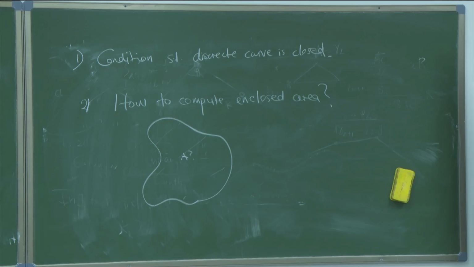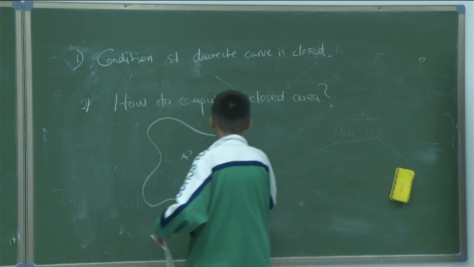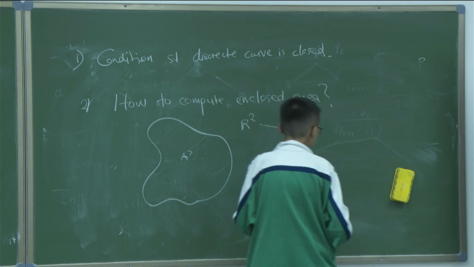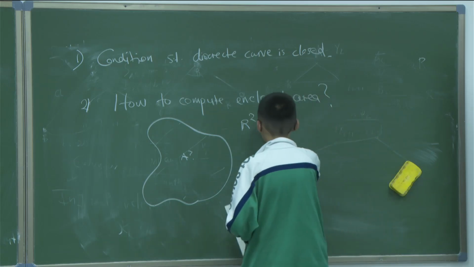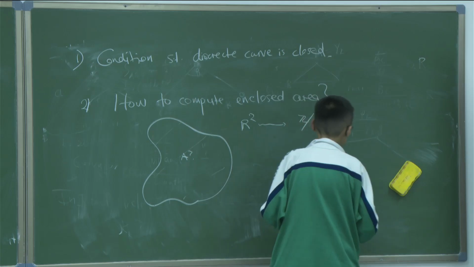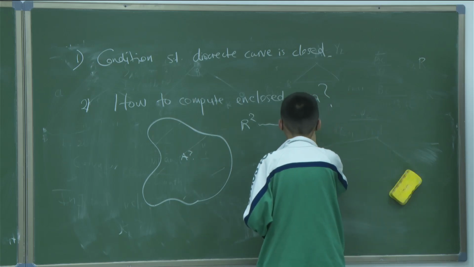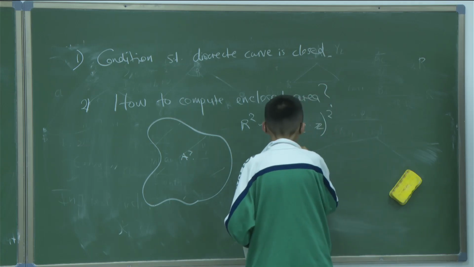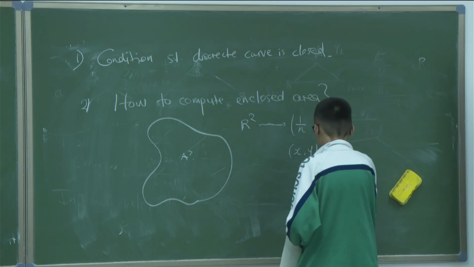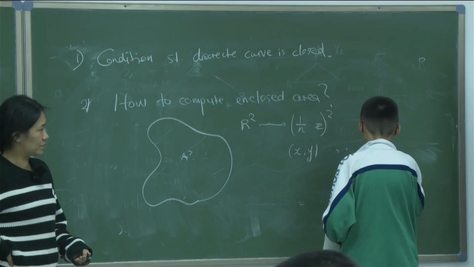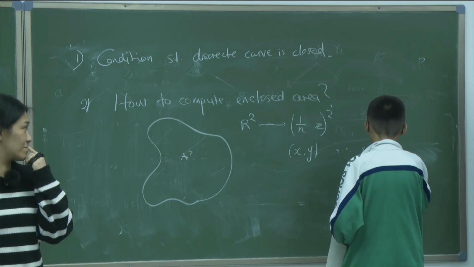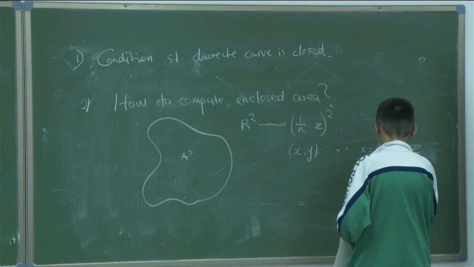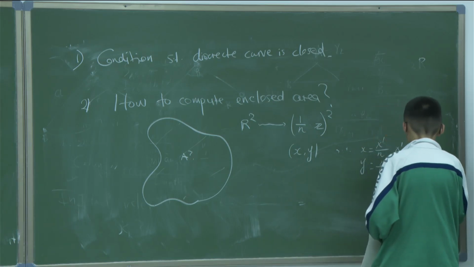The first one: instead of thinking in R2, start thinking in the lattice, Z mod 1 over n Z, where every point is of the form x and y, such that x equals x prime over n, where x prime is in D, and y is y prime over n, where y prime is in D. Exactly.